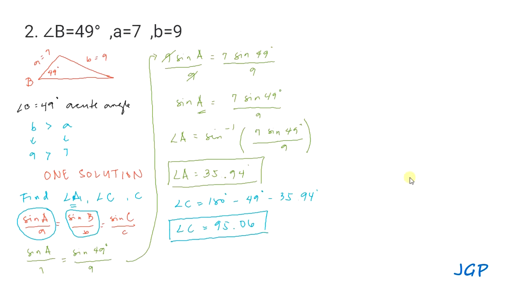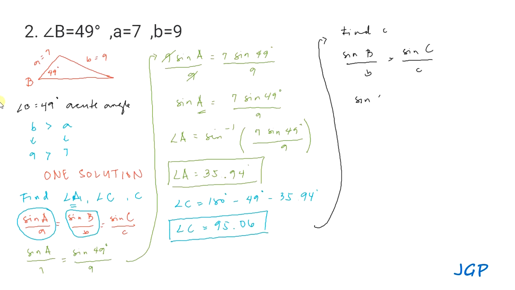Okay, last one. Let's solve for the value of the side C. Okay, find side C. Okay, for side C, since you are given now, gamitin mo na lang kung ano yung value na meron ka na. Since ang meron naman talaga tayo is itong ratio ng B natin, so we have now sine of angle B over B is equal to sine of angle C over side C. So, replace natin ang given natin.